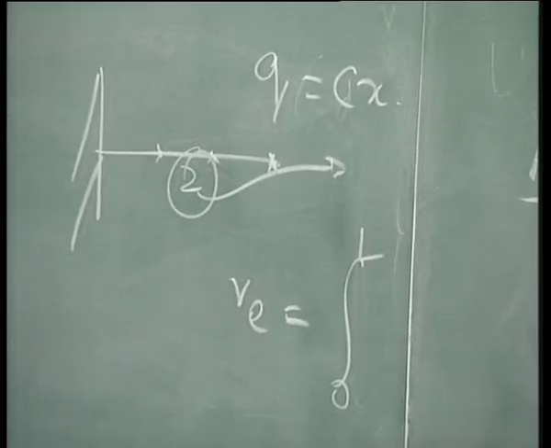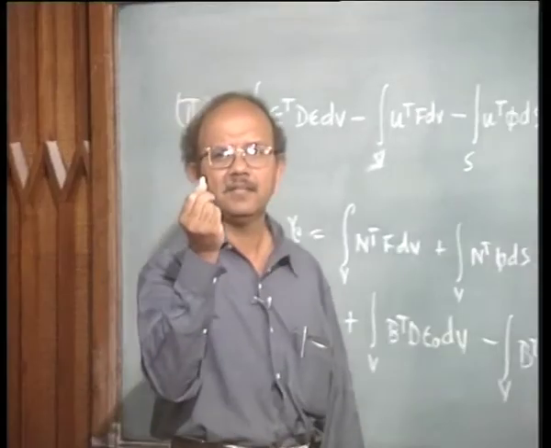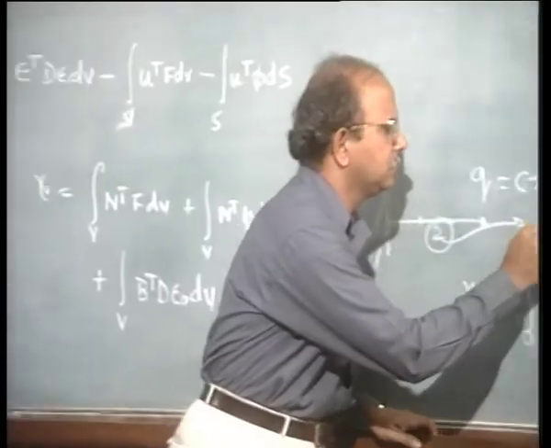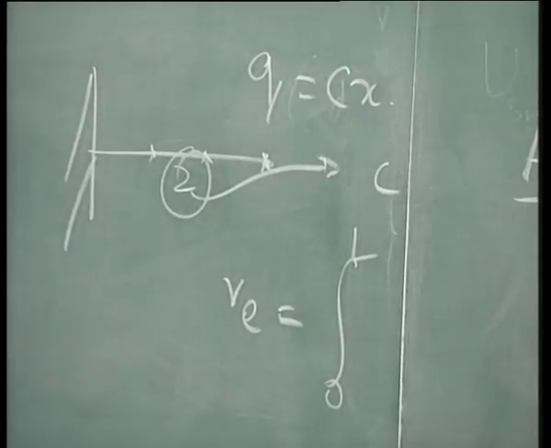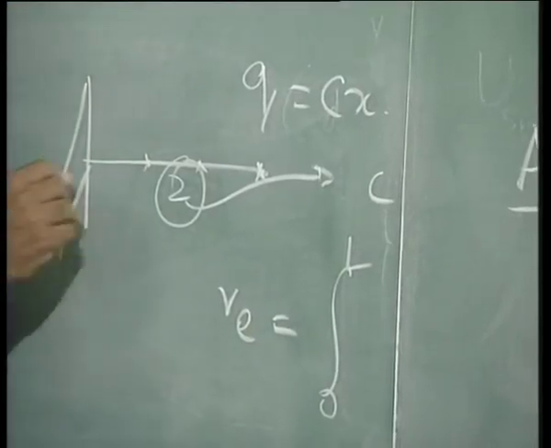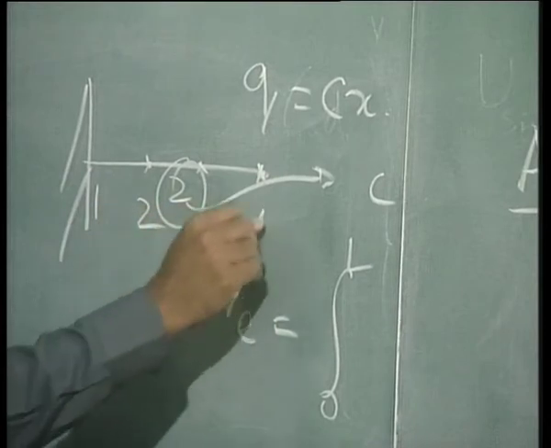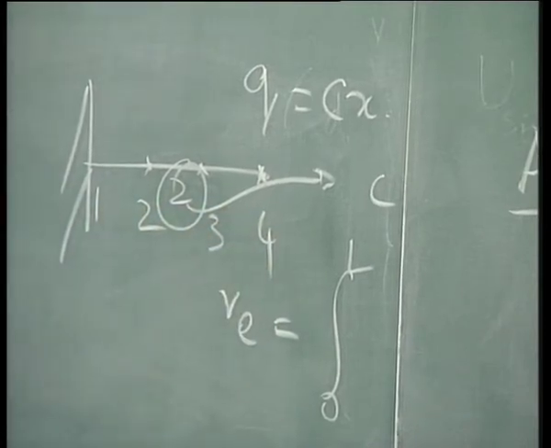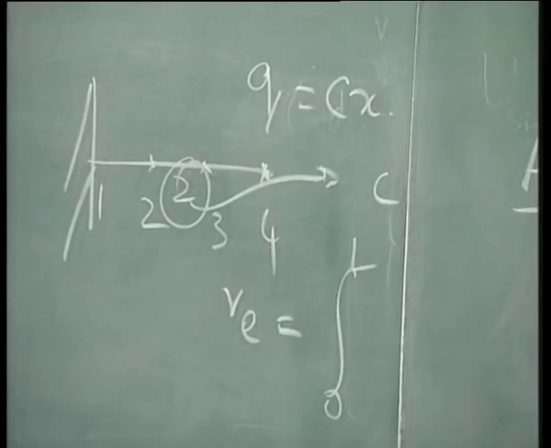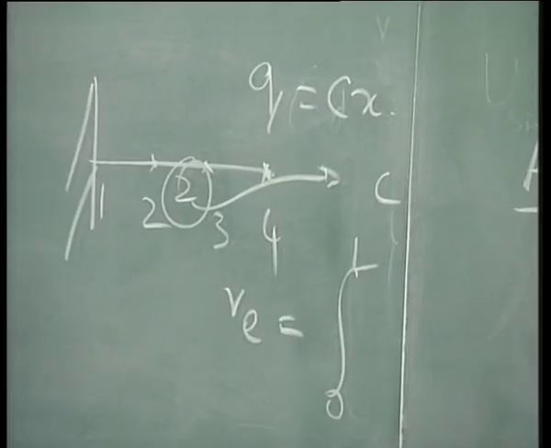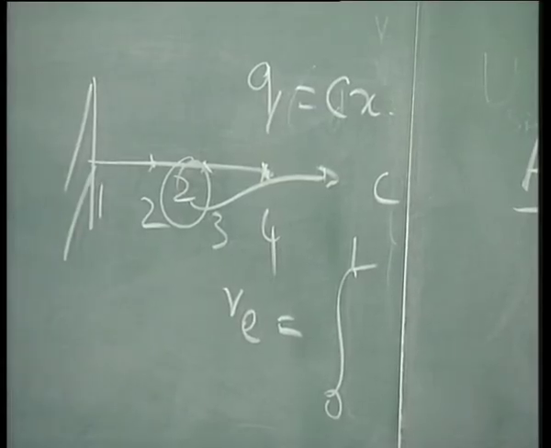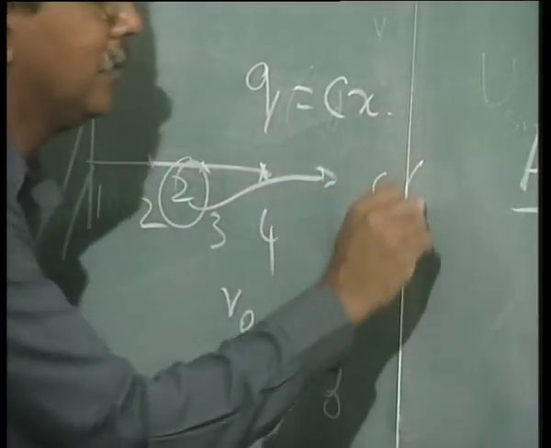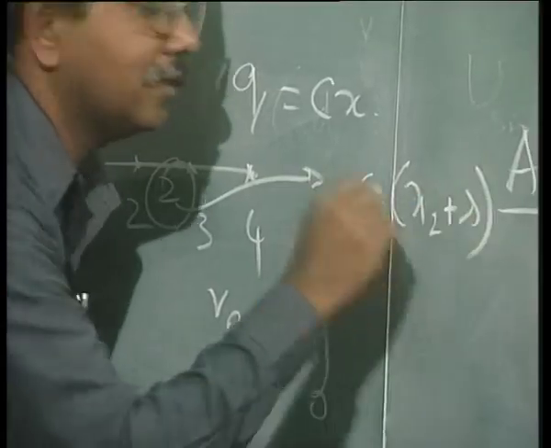Look at that. C into, say, let me call this as 1, 2, 3, 4. Correct, that is it. So C into x2 plus ys. Now we are using ys, right? So C into x2 plus ys.